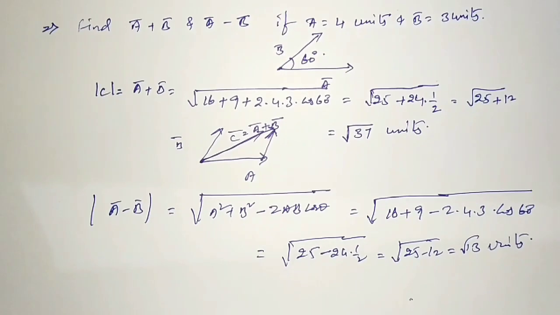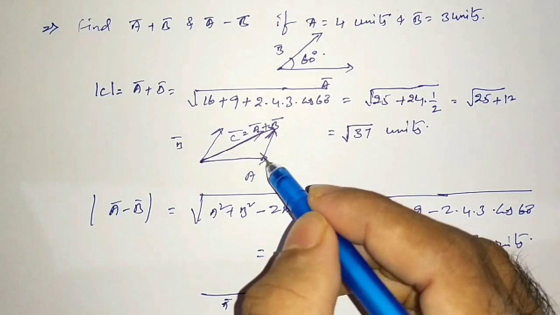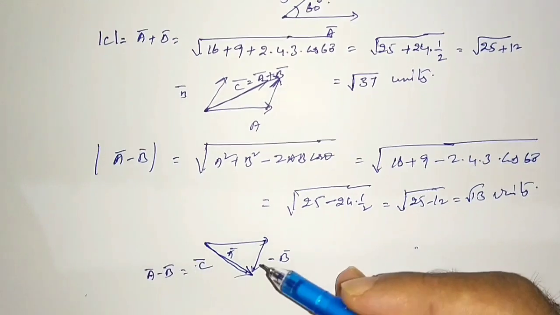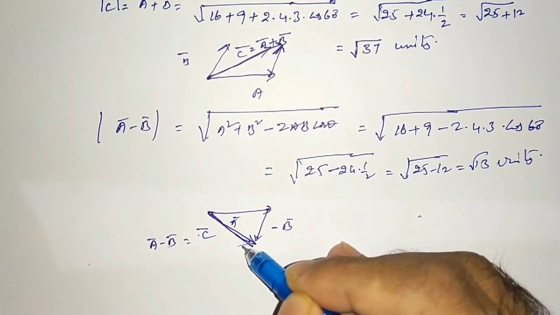How will be the a minus b vector magnitude? See, this is vector a and this is b. Minus b means this is minus b. Now this is our vector c. This is equal to the a minus b vector, that is c. Understood? This is a minus b vector.